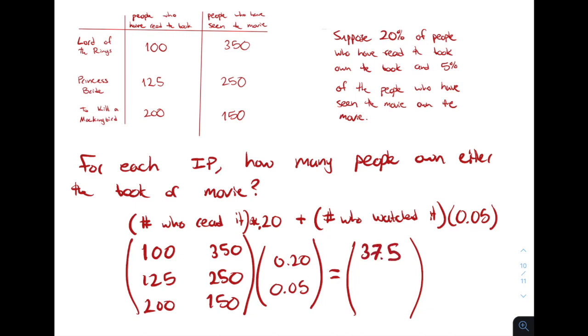Maybe we could use technology to get 37.5 for our first answer, 37.5 for our second answer, and 47.5 for our third answer.